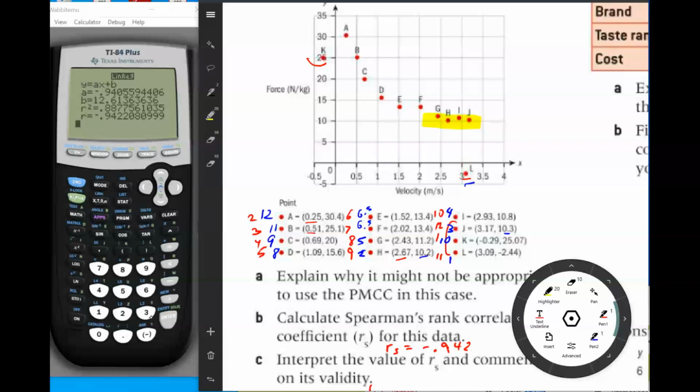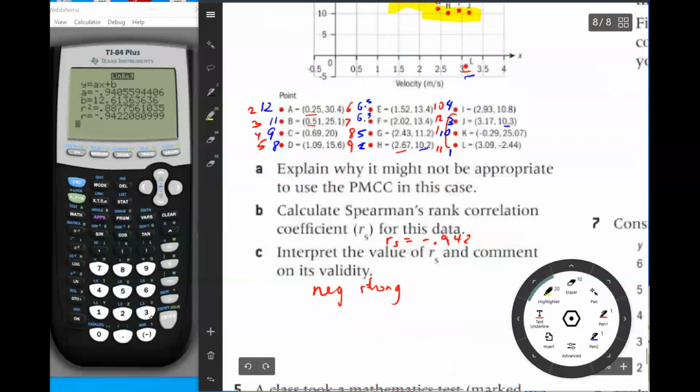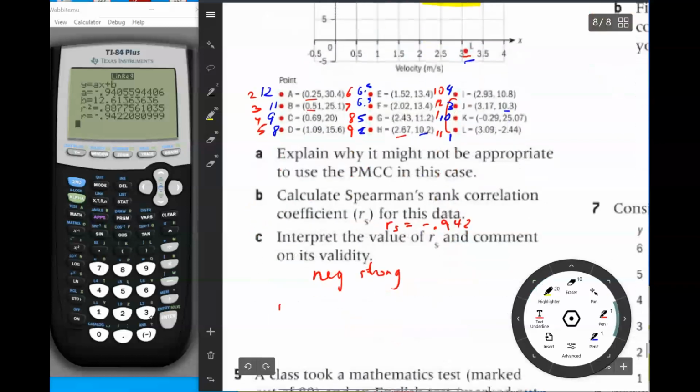Okay, so you could write something about that. In fact, these also are very close. So the force values are very close, and so any small change will affect the R subscript S, right?